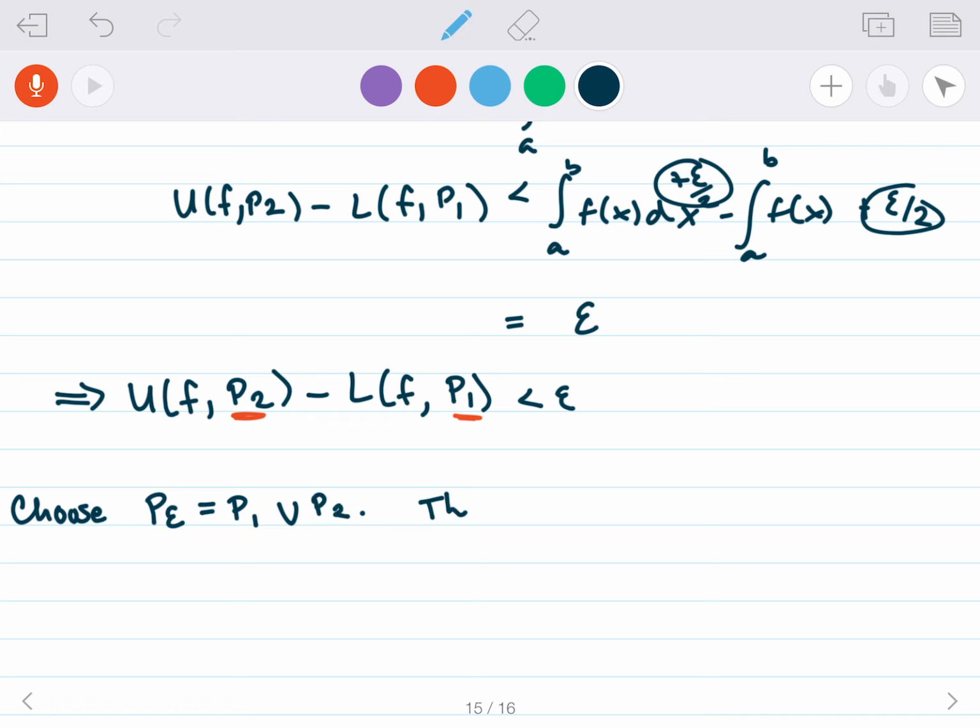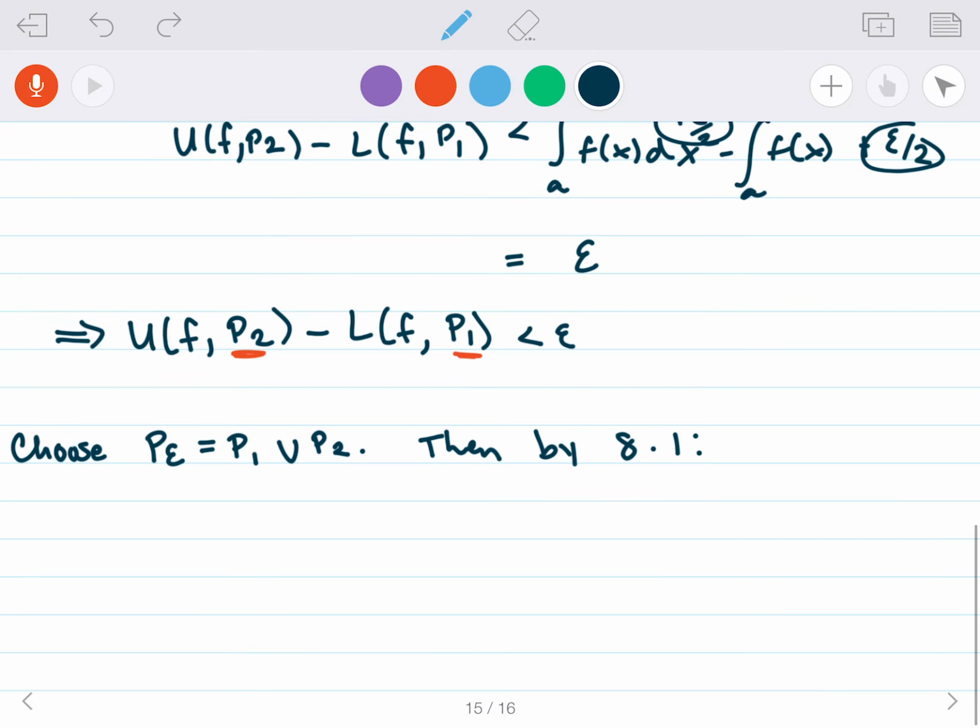And so by proposition 8.1, we have the following. Refinements actually refine, I think is what they say in the book. So the lower sum of f of P sub epsilon is going to be bigger than or equal to the lower sum of the original partition.